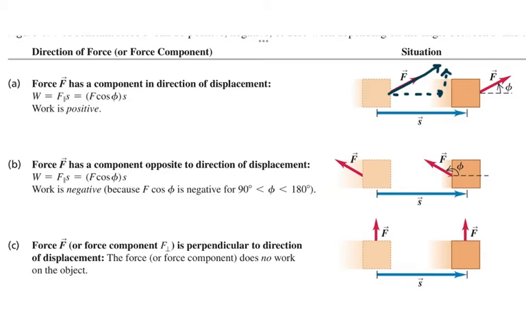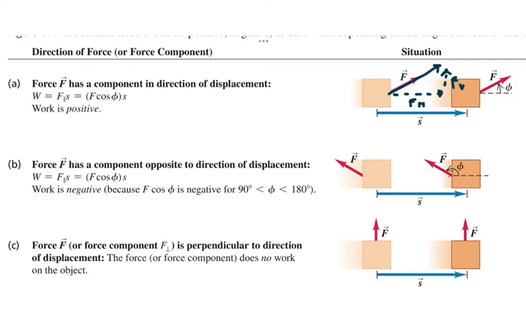So out of these two components, I'm going to call this FH for horizontal force, and this is FV for vertical force. Only the horizontal component is doing work, and that is because the distance is going in the horizontal direction. The vertical component of this force is doing no work.